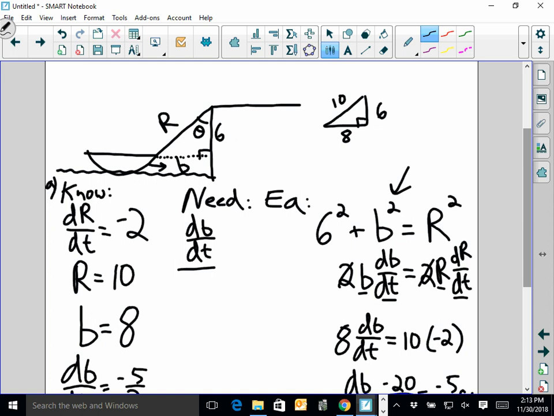That's okay, we can do the quotient rule, but it might be more advantageous for us to pick cosine theta as our equation, because cosine theta would be 6 over r. So I no longer have to do a quotient rule. So I'm going to choose cosine theta. I'm going to show you that the answer is the same whether you use cosine theta or sine theta. Okay? So I'm going to do it with cosine theta for my equation.